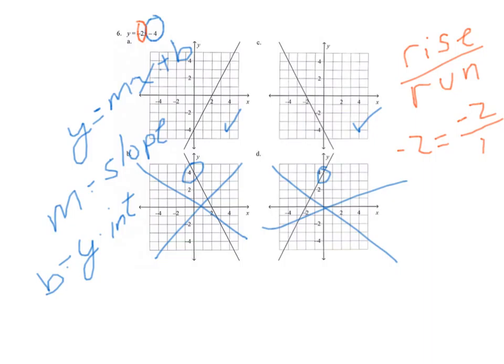So I want something from negative 4 that's going down and to the right. Down to the right. That looks like that one. This one I'm going up and to the right. Up and to the right. So it doesn't work. So the correct answer here is C.